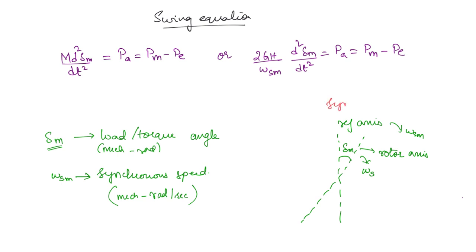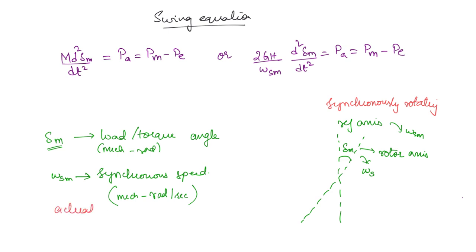This is the synchronously rotating reference axis. With respect to this axis, the rotor axis is at an angular displacement of δm. But what is the actual angular displacement?